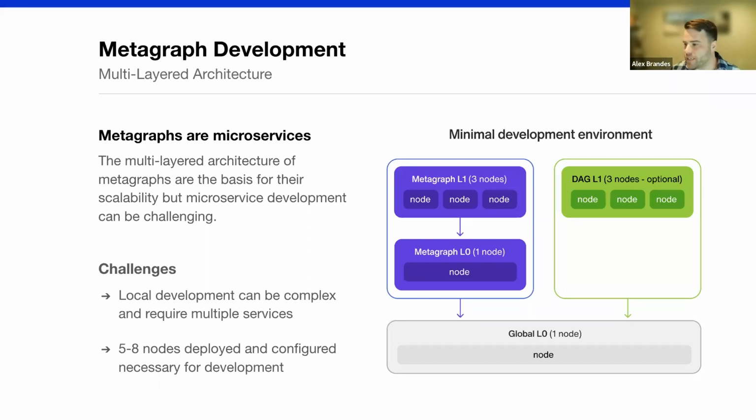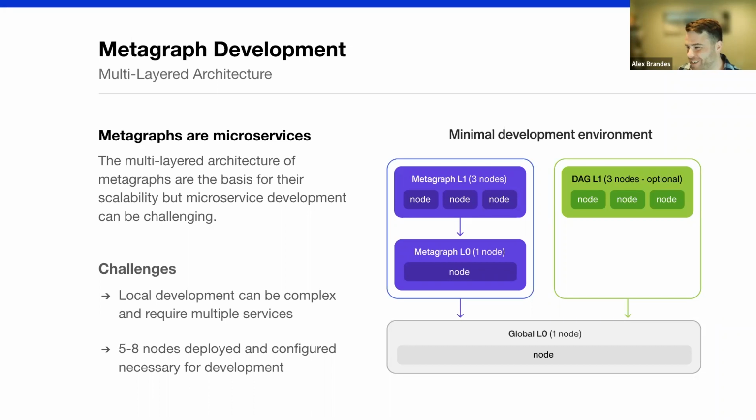If you look on the right here, you can see our minimal development environment. What I mean by that is this is the minimum number of services that you would need to get running and configured in order to have a local version of the network that's running and fully functional. So you can see there's a few items there.